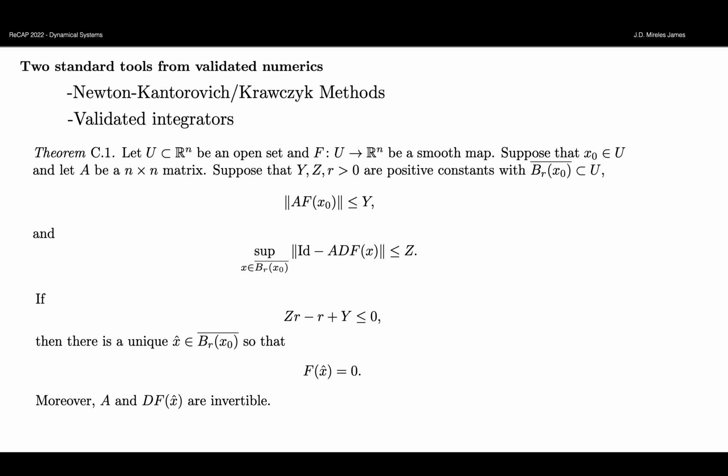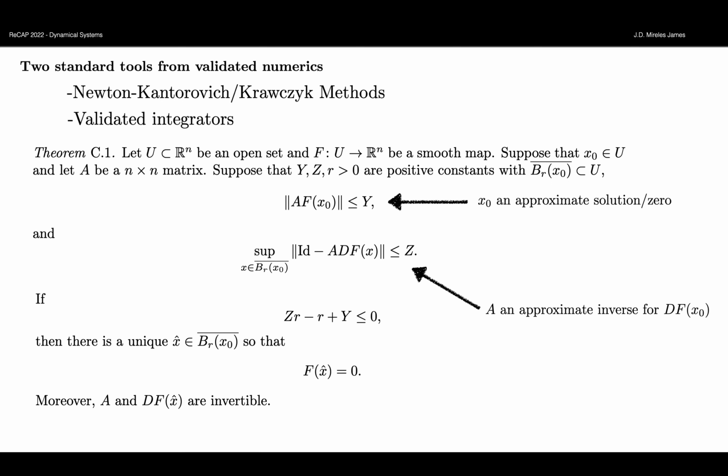We need an approximate inverse of our derivative, and we need that to be good in a neighborhood. Okay, and then if we have a certain inequality satisfied, we know we have a unique solution in the neighborhood where we made that estimate on the derivative. Moreover, we get that the derivative is invertible at our true solution.